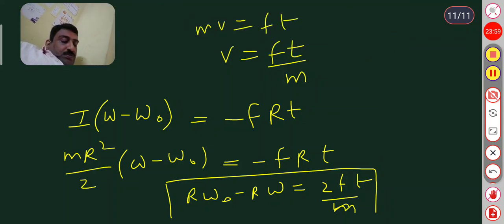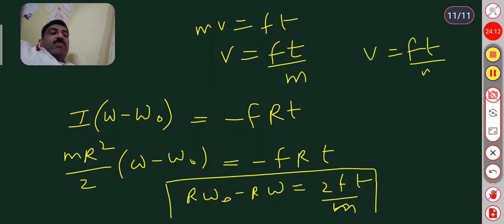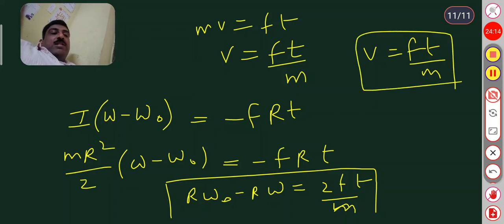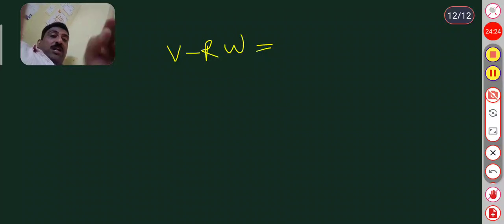Now you also have the equation v is equal to F t by m. Using this equation and the previous one, you finally get v minus r omega. This is the effective velocity at the point of contact.